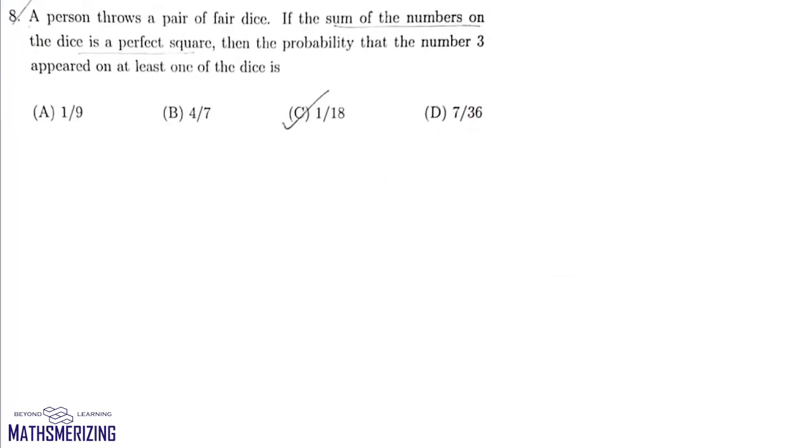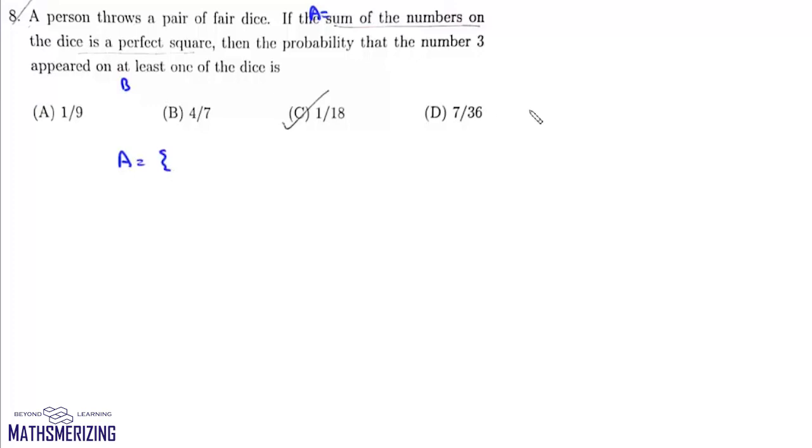Now question number 8 is, a person throws a pair of fair dice. If the sum of numbers on the dice is a perfect square, then we need to find the probability that number 3 appeared on at least one of the dice. Now let this be event A and let it be event B. Now A is when sum of numbers on the dice is a perfect square.